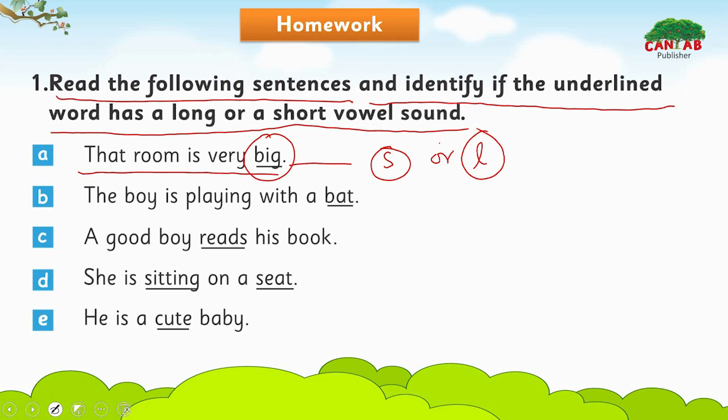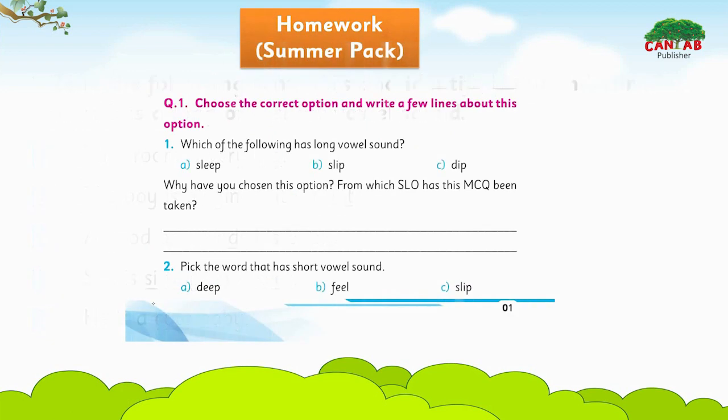You have to answer the question. The boy is playing with a bat. A good boy reads his book. She is sitting on a seat. He is a cute baby. This is very easy, and you can pick the right answers straight away from the sentences.